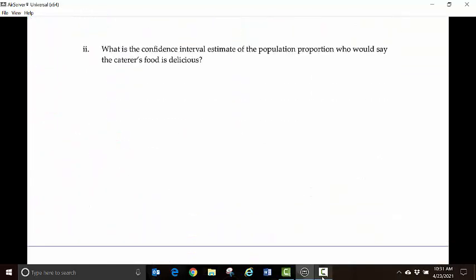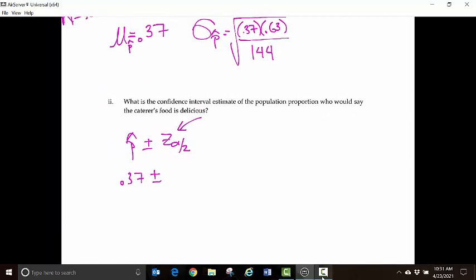Which would then be p hat, so 0.37 plus or minus z alpha over 2, which, did they say, they didn't say, so should we do it at 95%? You guys good with that?